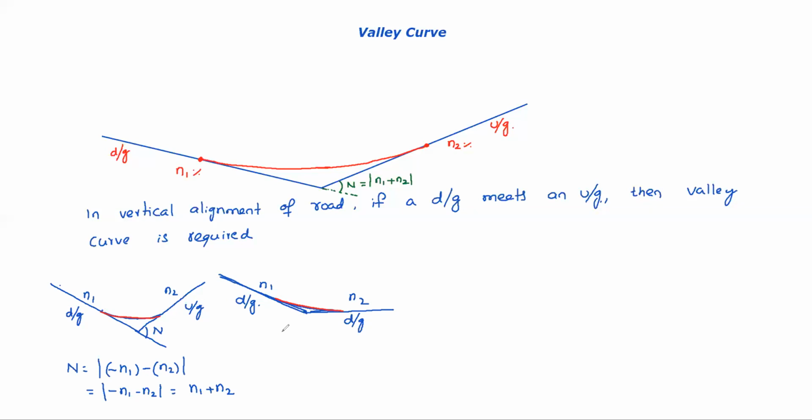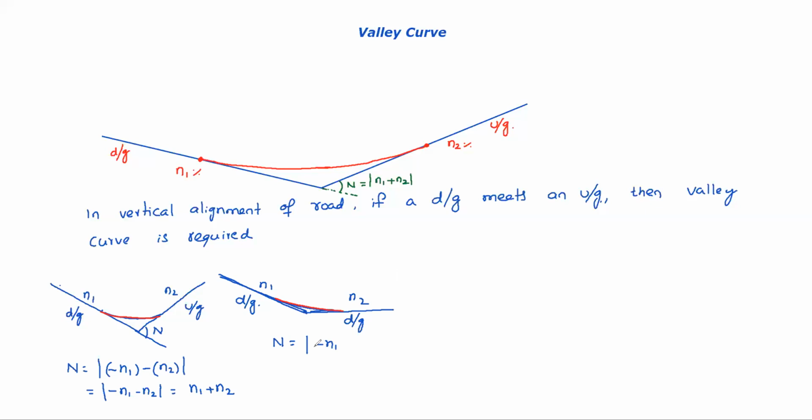So here deviation angle is N equal to, both are down gradients. If you put the proper sign, down gradient N1 means minus N1. I mentioned magnitude only there, N1 and N2.